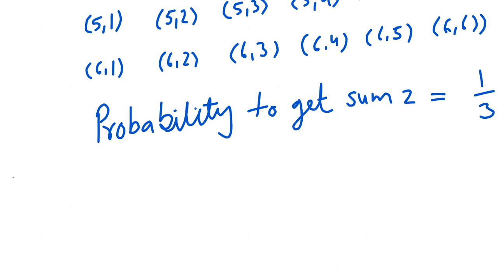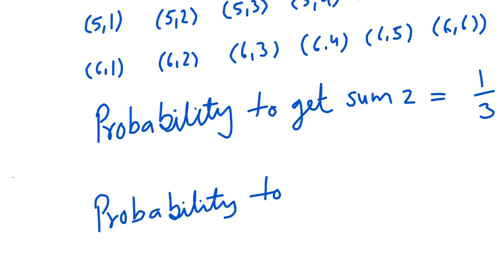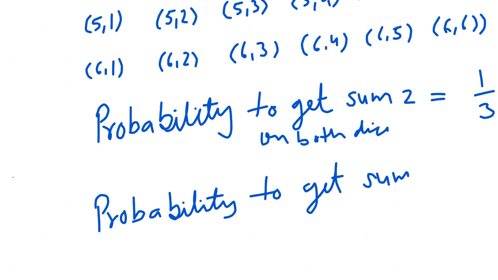Now we will find probability to get sum, and we can write to get sum 3 on both dice.